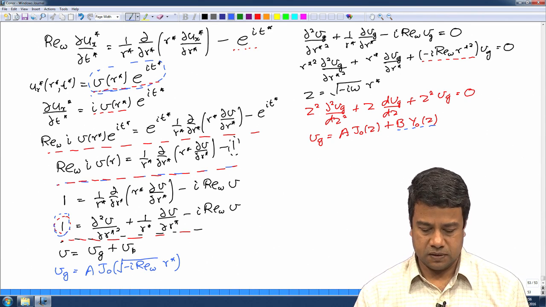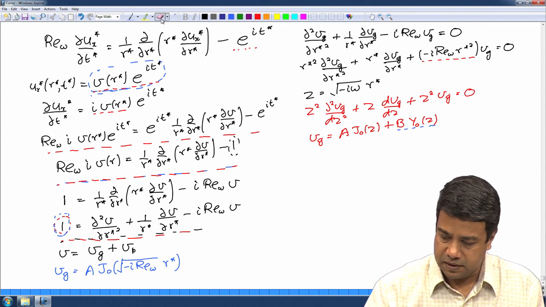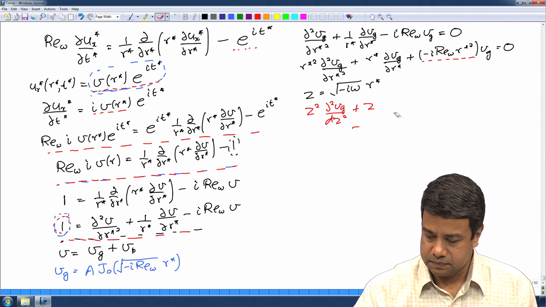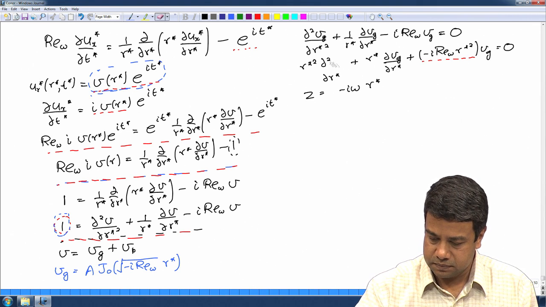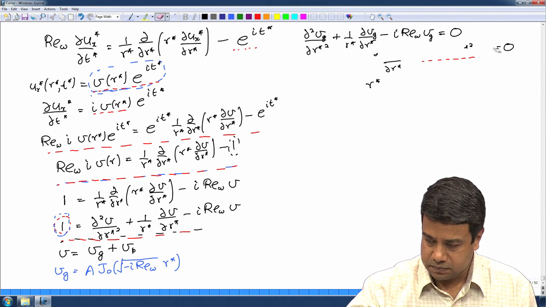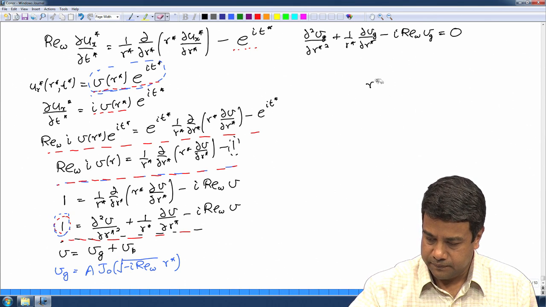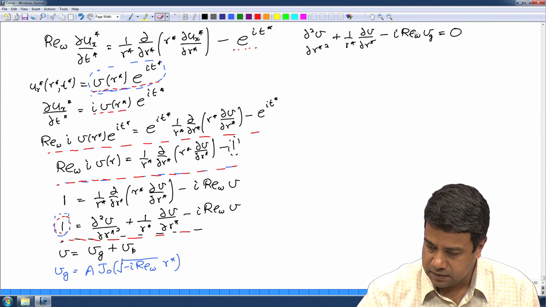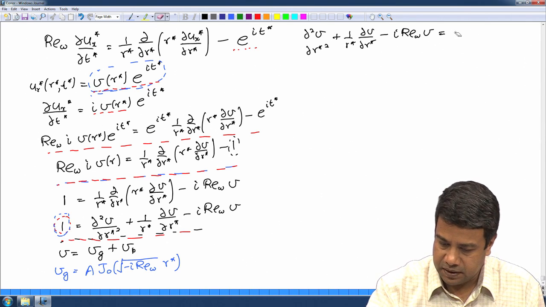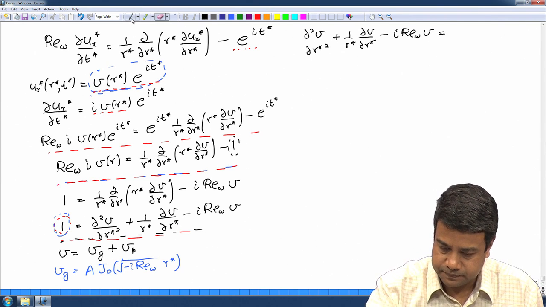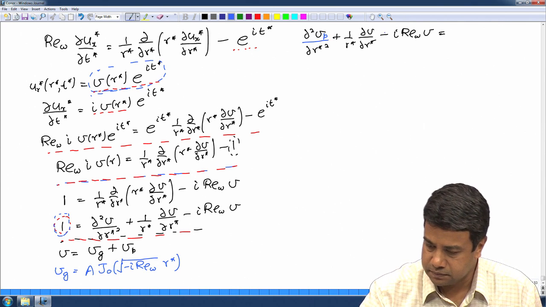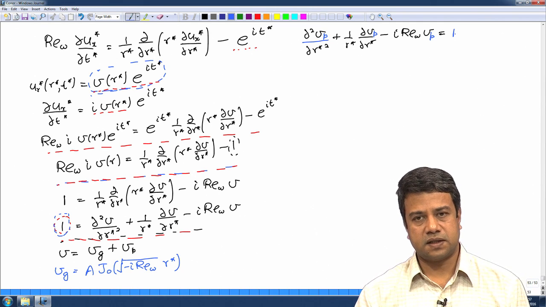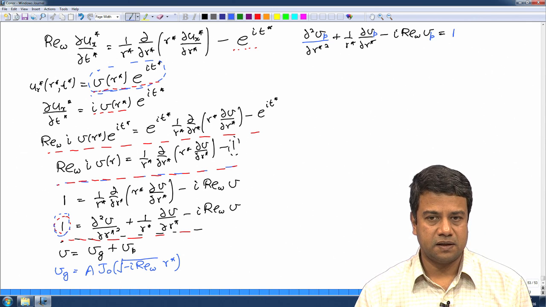What about the particular solution? The particular solution is any solution that satisfies the inhomogeneous equation, and I just need one solution.